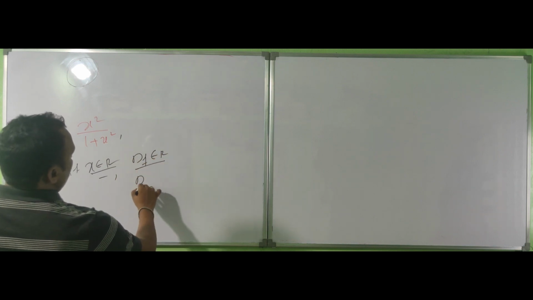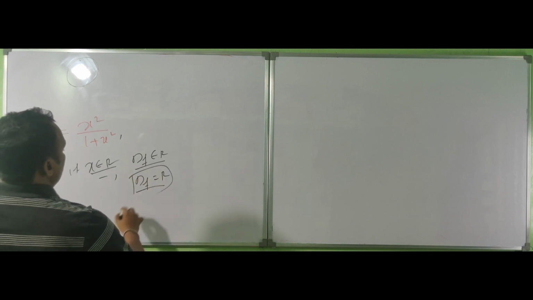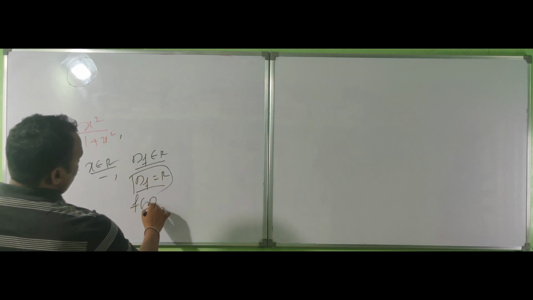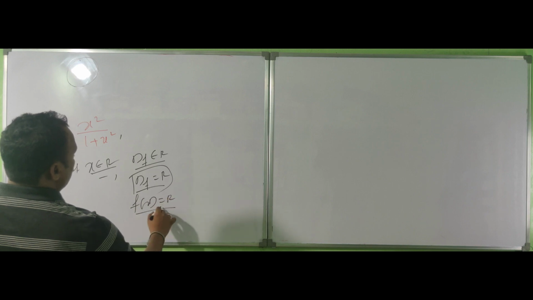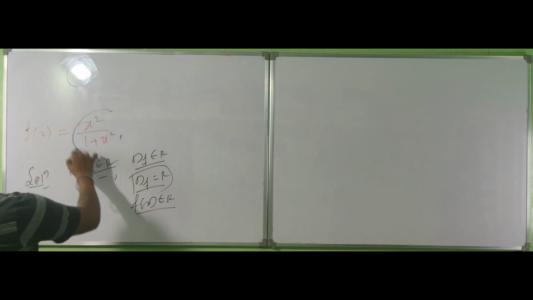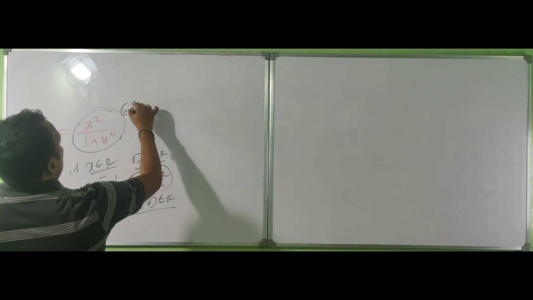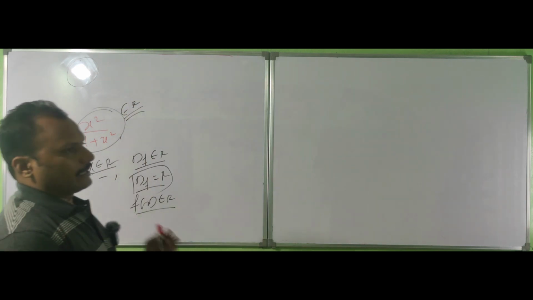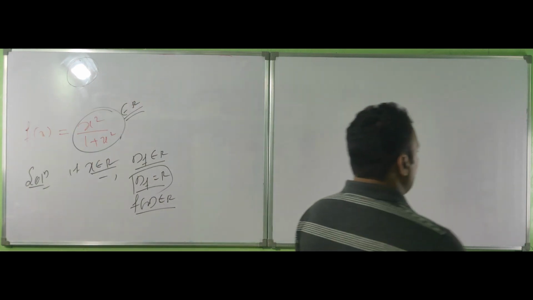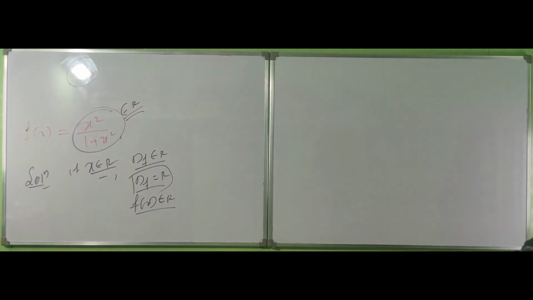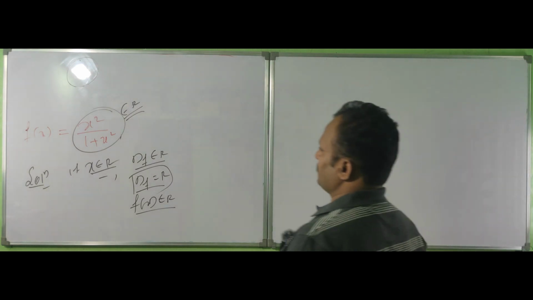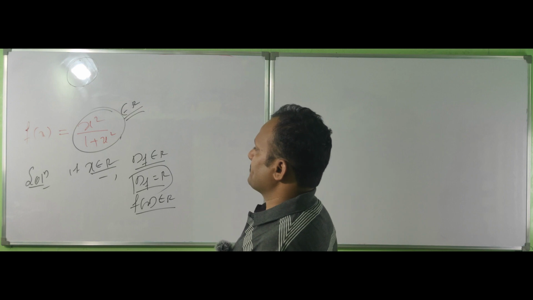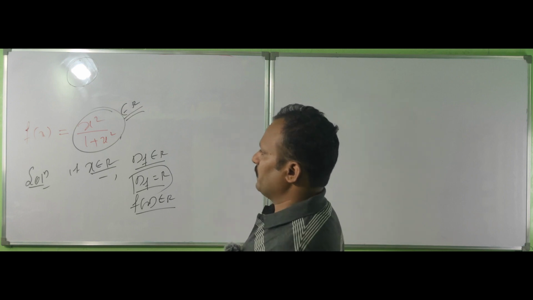Df is equal to R, which means f of x also belongs to R, because any value automatically belongs to R. The range means the reverse order: for the inverse function, we should find the range, meaning the value of y.